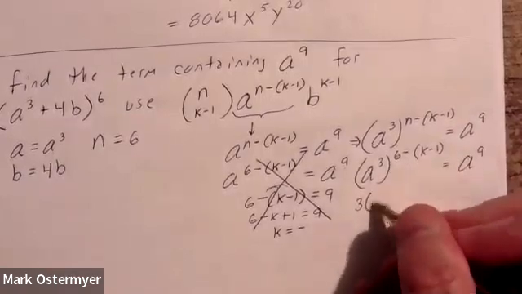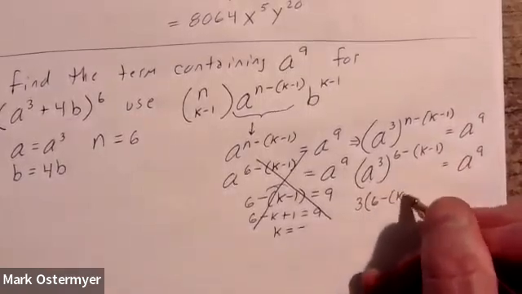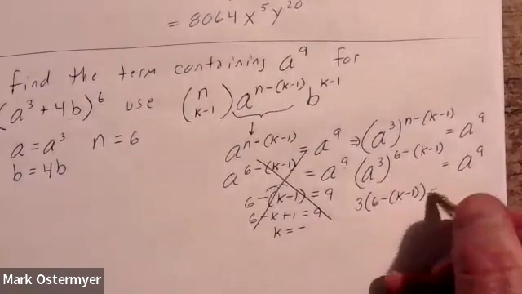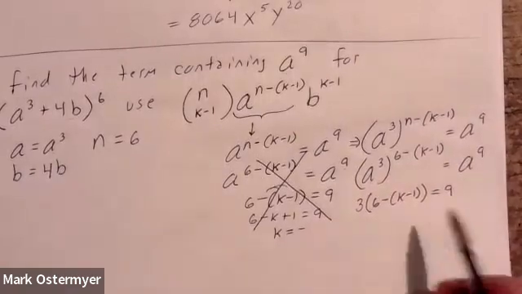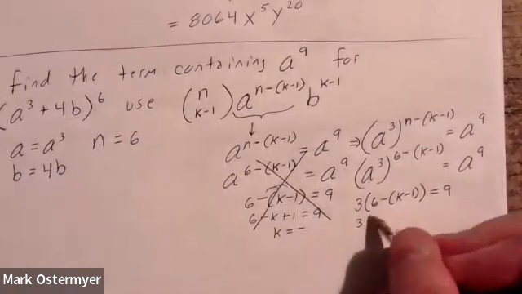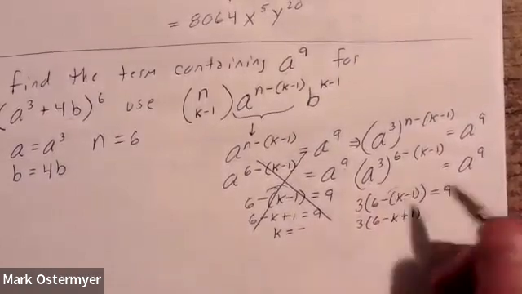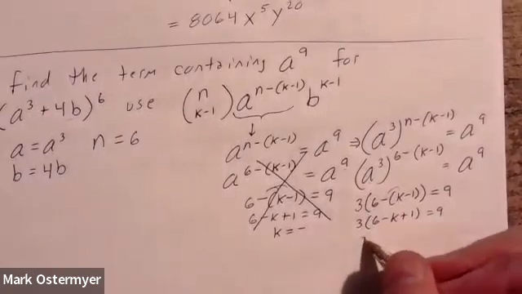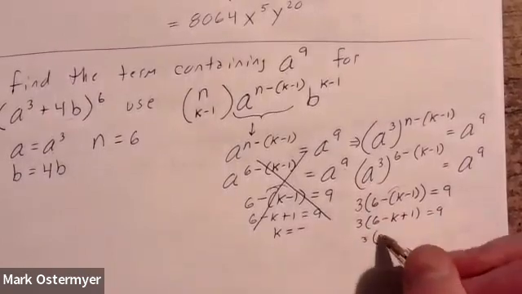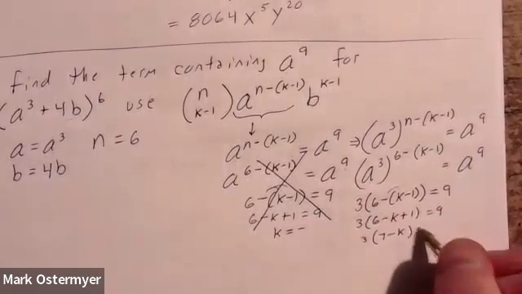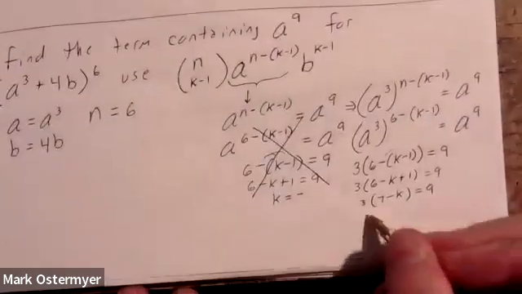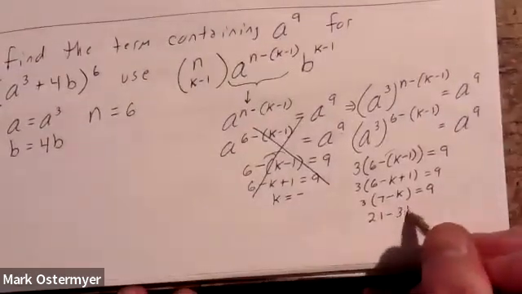So 3 times quantity 6 minus quantity k minus 1 has got to be equal to 9. Now we solve for k. All right, so we got 3 times, this is going to be 6 minus k plus 1 after distributing the negative sign in here. So we have 3 times 6 plus 1 is 7 minus k equals 9. 21 minus 3k equals 9.